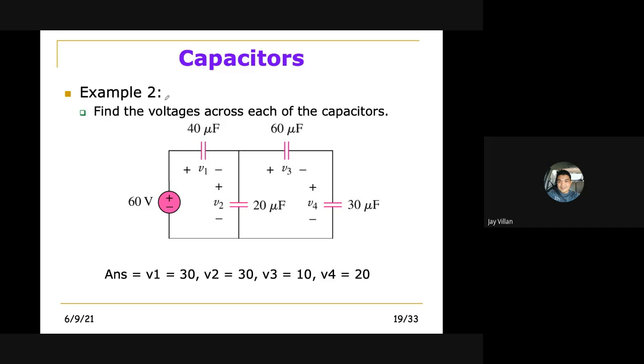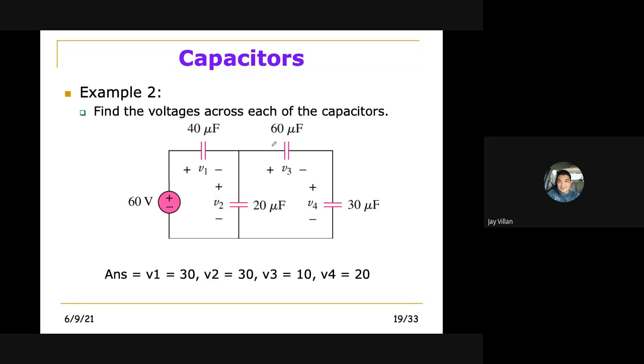Now take note of the 40. So 33, then 30 here. That seems wrong. Then V3 is 10 and this is 20.